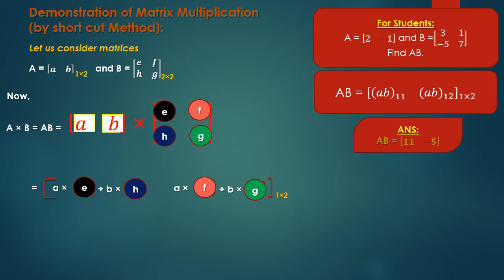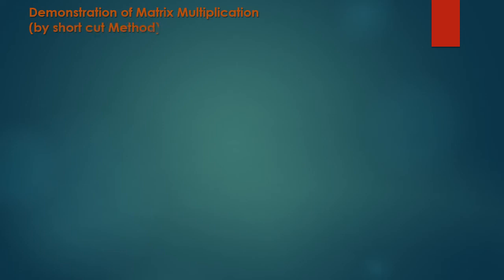Now let's quickly move to yet another demonstration, the last and third demonstration. It's of different order. The title will be the same: a demonstration of matrix multiplication by shortcut method. But the matrices considered are of different order.